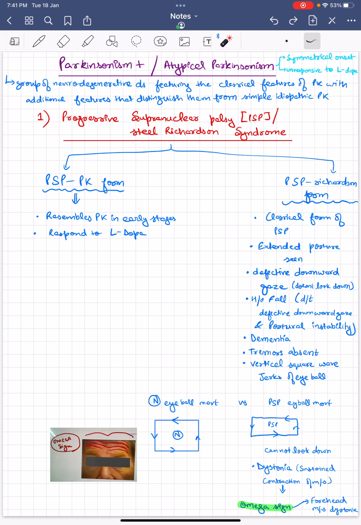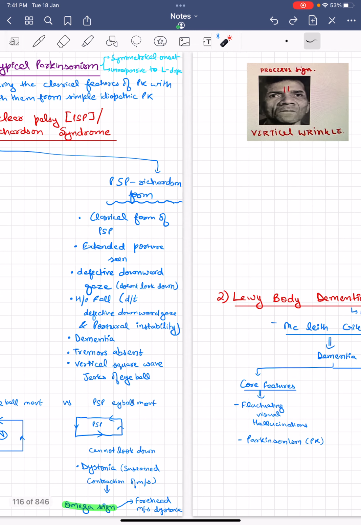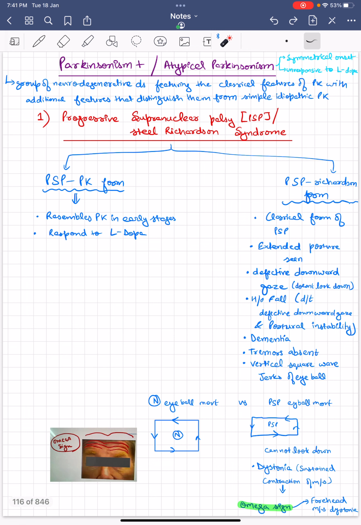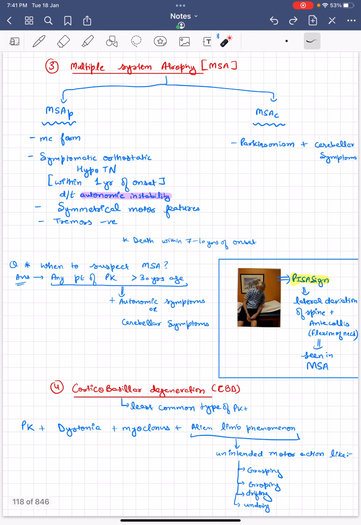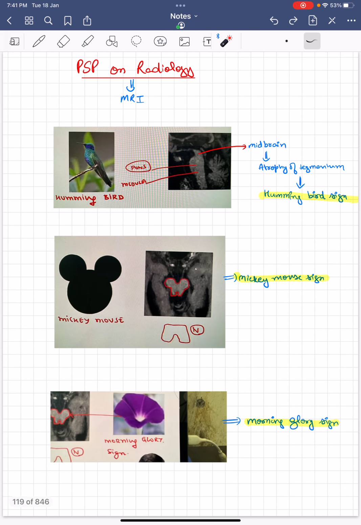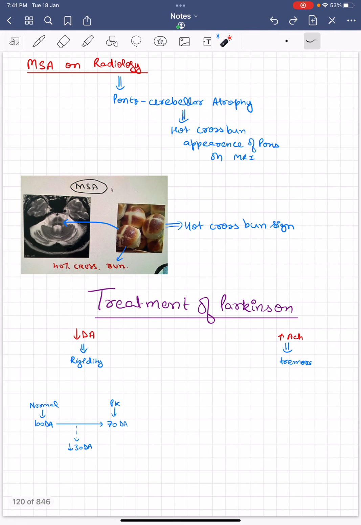Right, let's revise this one again. Atypical Parkinsonism, different variants: progressive supranuclear palsy, in which the patient is unable to look downward; Lewy body dementia, corticobasal degeneration, and MSA.